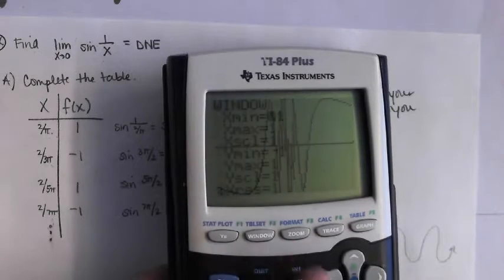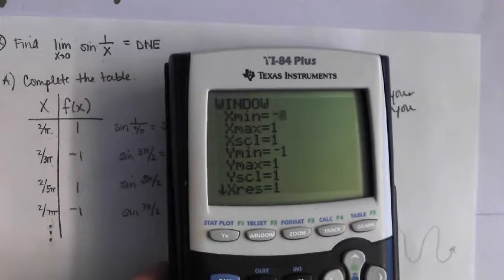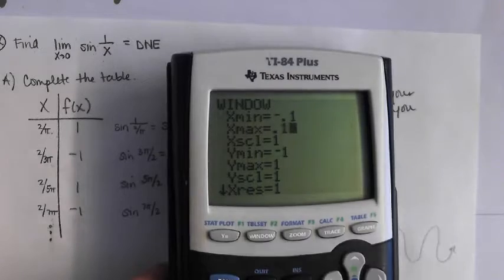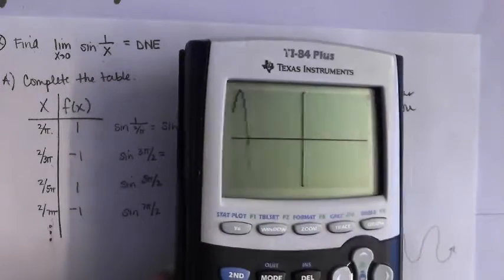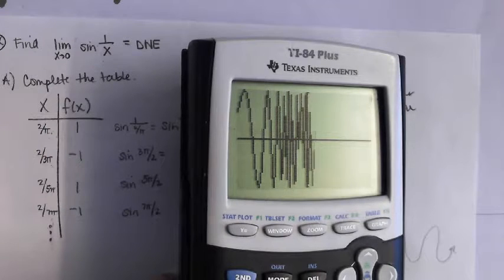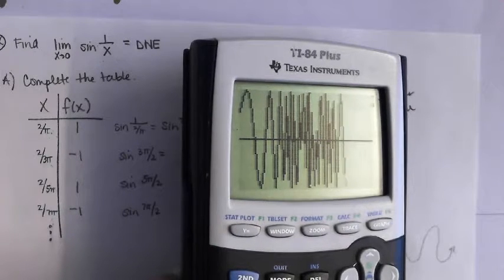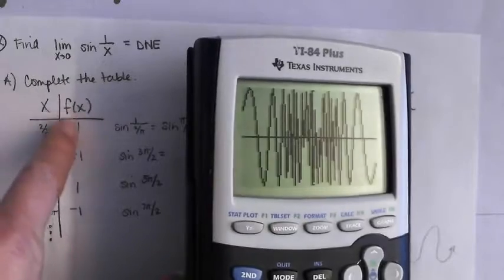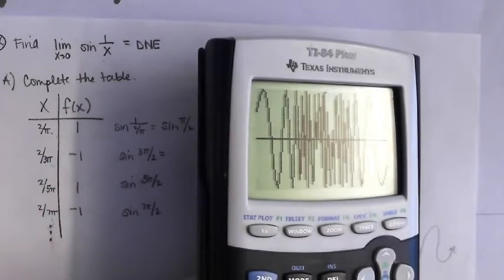And again, I'll do it just one more time. If I go from -0.1 to +0.1, you're still going to see a crazy number of these things because it's constantly going back and forth between -1 and 1.